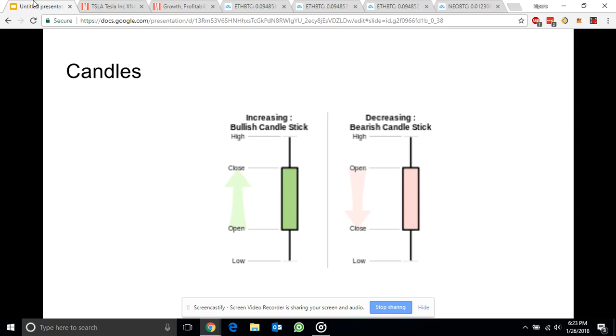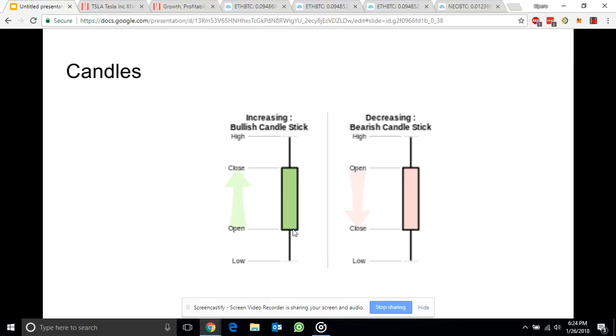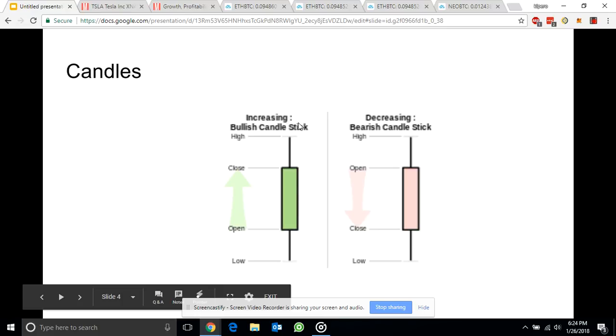So let's go back to the slides. Here we see the opening price in a given time. In our case, one candle represents 1 day, and the closing price at the end of that day. Also, it gives you the info of how the price was deviating during that 1 day by looking at the daily high and daily low here and here.